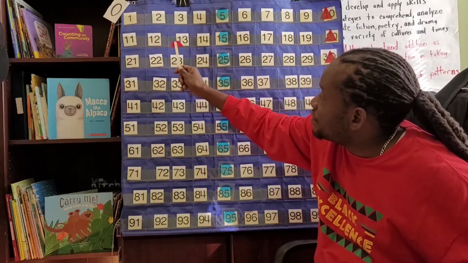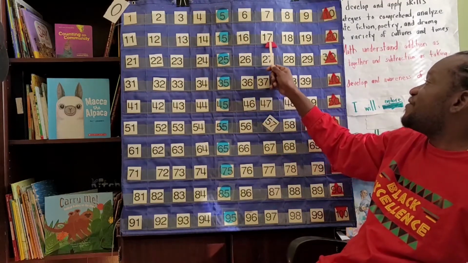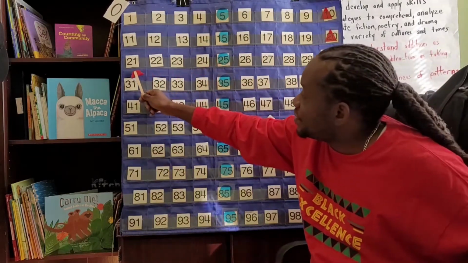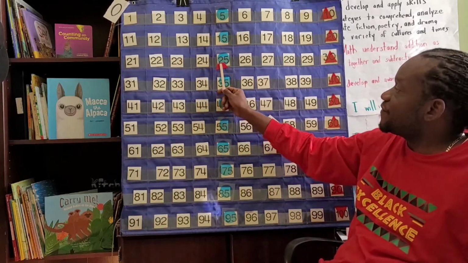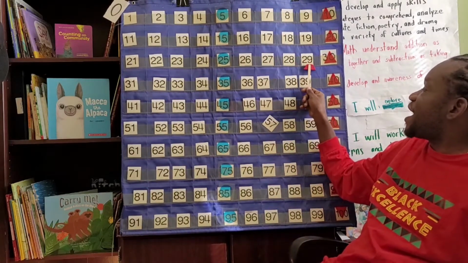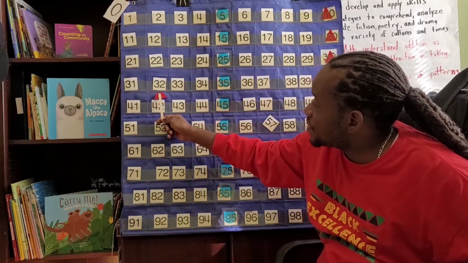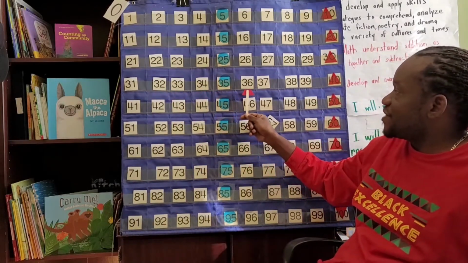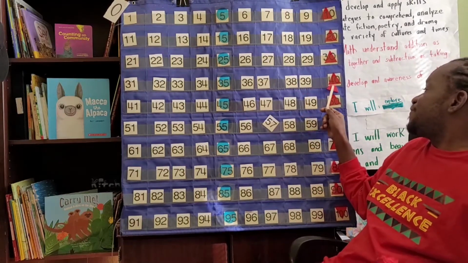11, 12, 13, 14, 15, 16, 17, 18, 19, 20, 21, 22, 23, 24, 25, 26, 27, 28, 29, 30, 31, 32, 33, 34, 35, 36, 37, 38, 39, 40.